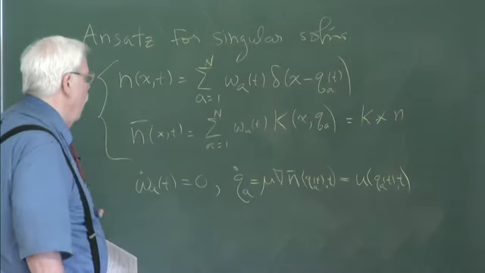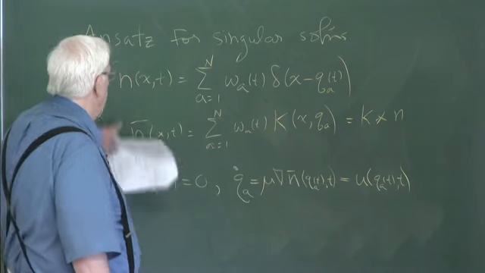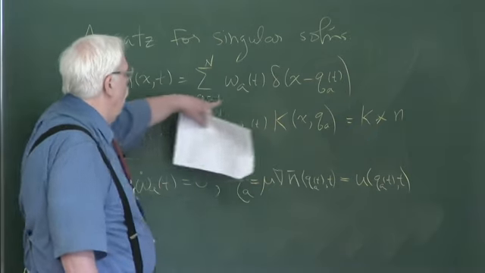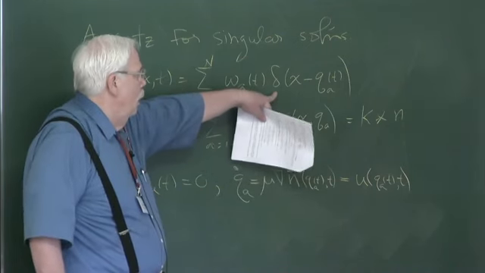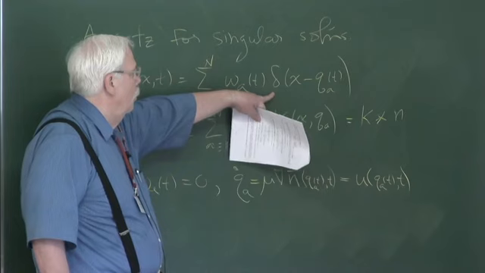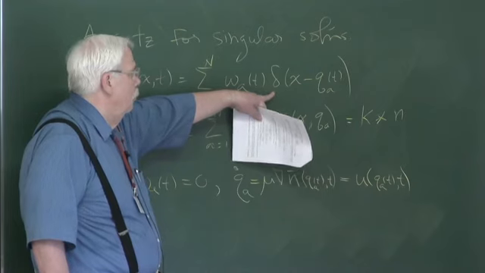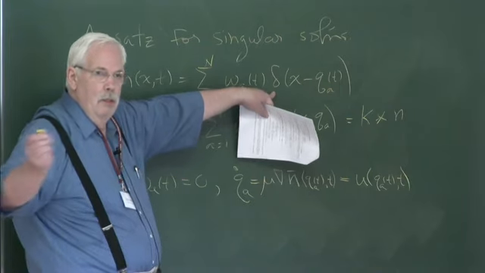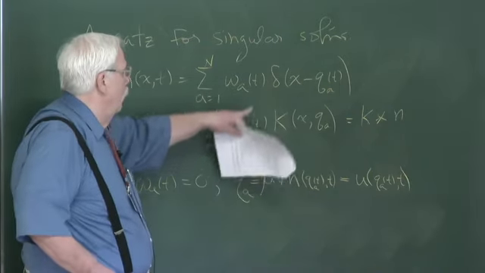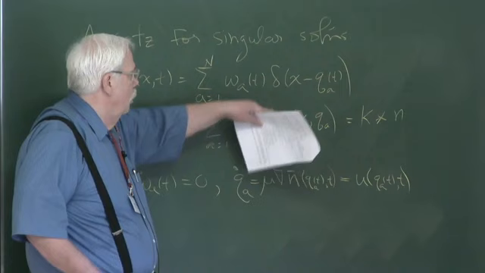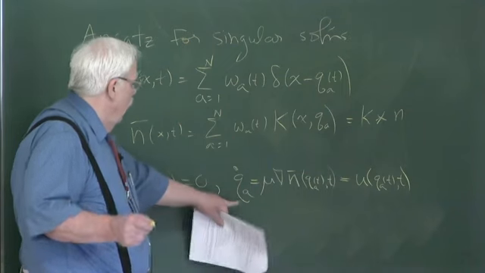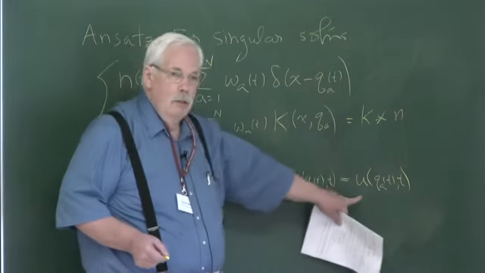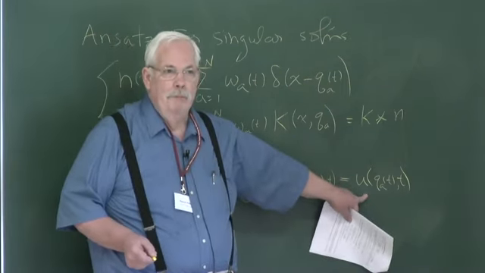So it says that n is the sum over weights w_a times a set of delta functions, points on the line where the delta function lives, that are moving around at positions q_a of t at a velocity which is the Darcy velocity.